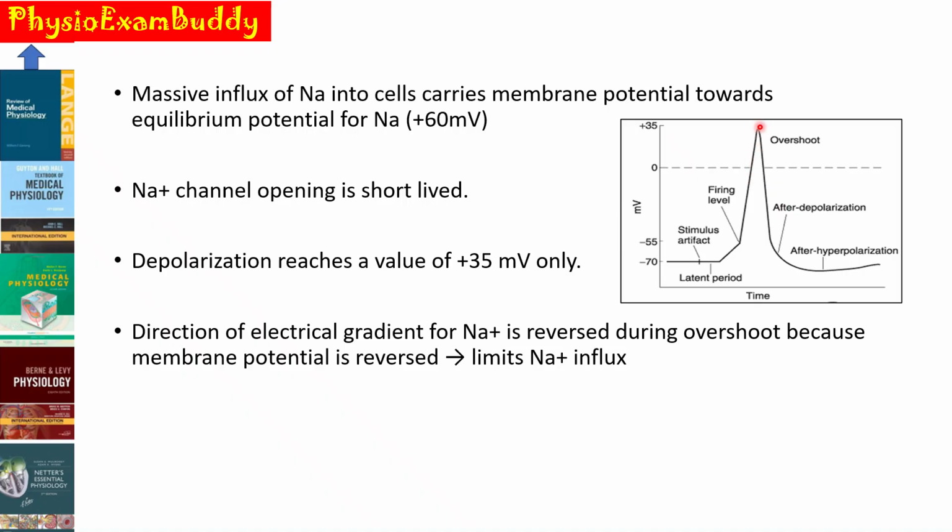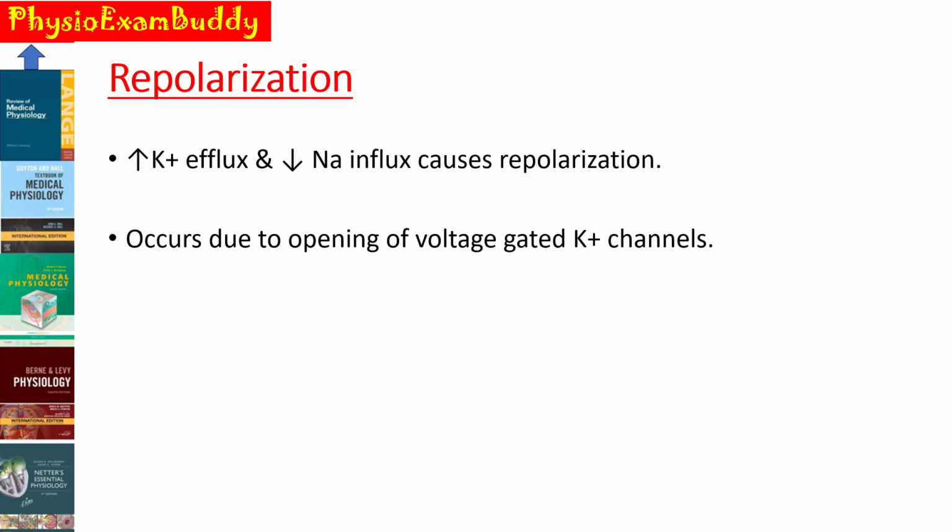But you can see here that the depolarization only reaches up to plus 35 instead of plus 60 millivolt. The reason is that the sodium channels are only short-lived, and the direction of the electrical current for the sodium is reversed during the overshoot because the membrane potential is reversed, which will further limit the influx of sodium ions.